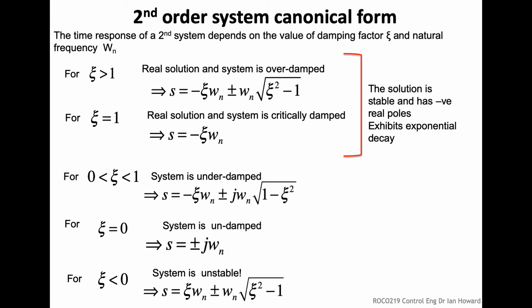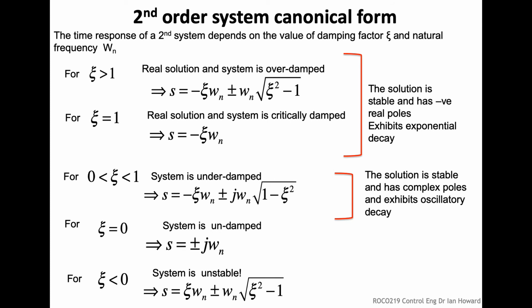So just to summarise then, if zeta is 1 or more, then we've got a stable solution that's just decaying exponentially. If we've got zeta between 0 and 1, it's still stable, but it's going to oscillate. So we've got this decaying exponential envelope on our sine wave.